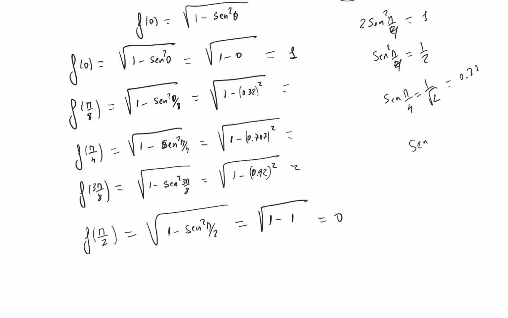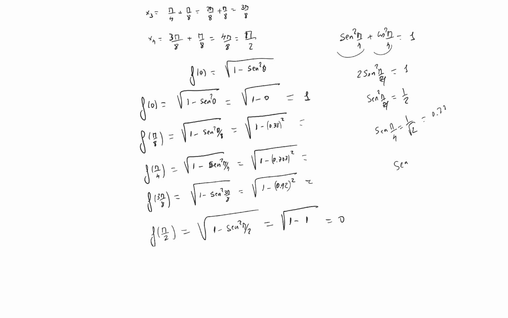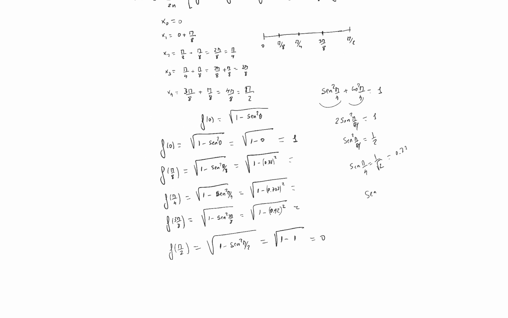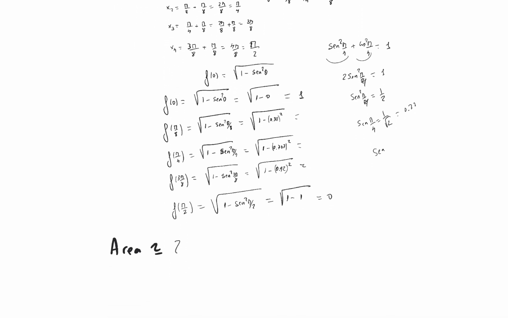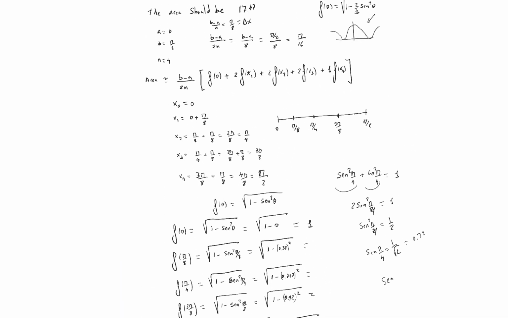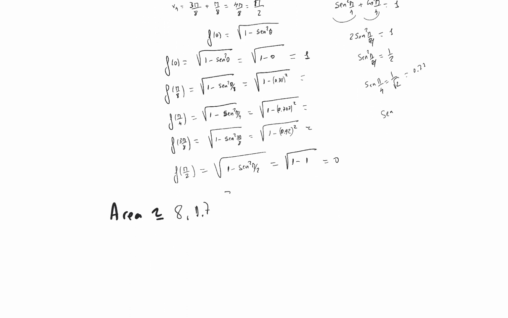So I found this. So now the area will be approximately, let me see what it says here, 8 square root of 3. 8 square root of 3 is 8 times 1.7. And now the area is b minus a divided by 2n, which is pi divided by 16.